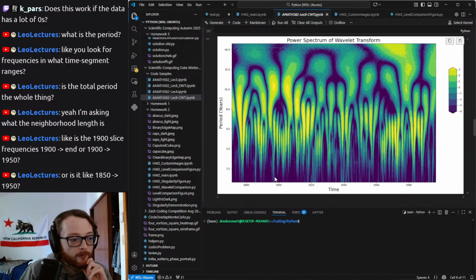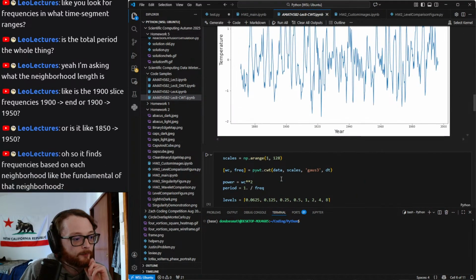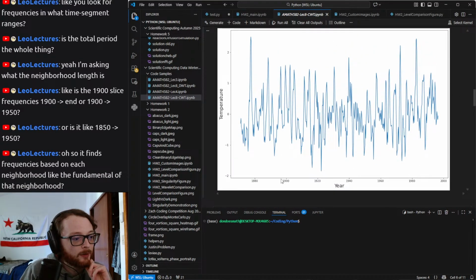Yeah, because these get you details on different scales. And so it defines frequencies based on each neighborhood.